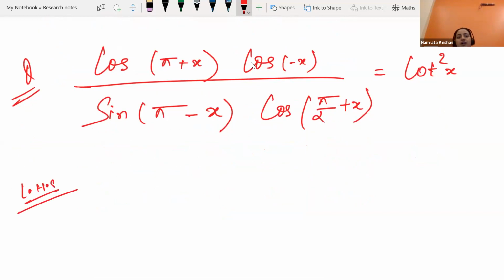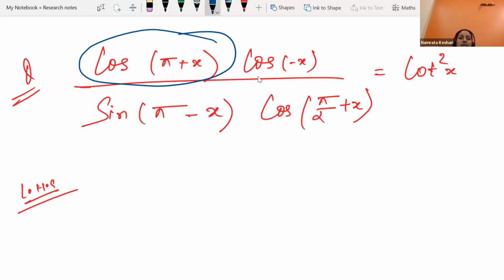Yes, Ali and Alina, first you tell me cos(pi plus x) will be what? Ma'am, cos(pi plus x) is minus cos x. Cos of pi plus theta is what?